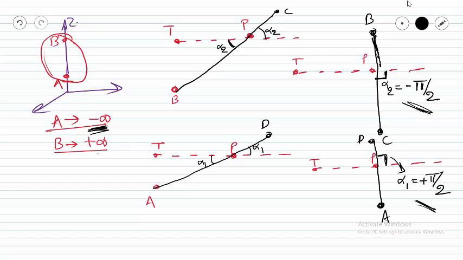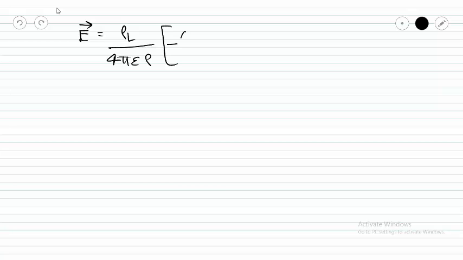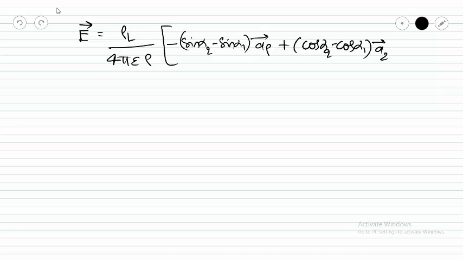Now we will substitute these values in the previous result. What is the previous result? The electric field intensity due to a finite line charge distribution is given by rho L by 4 pi epsilon rho, in brackets, minus of sin alpha 2 minus sin alpha 1 a rho bar plus cos alpha 2 minus cos alpha 1 a z bar.